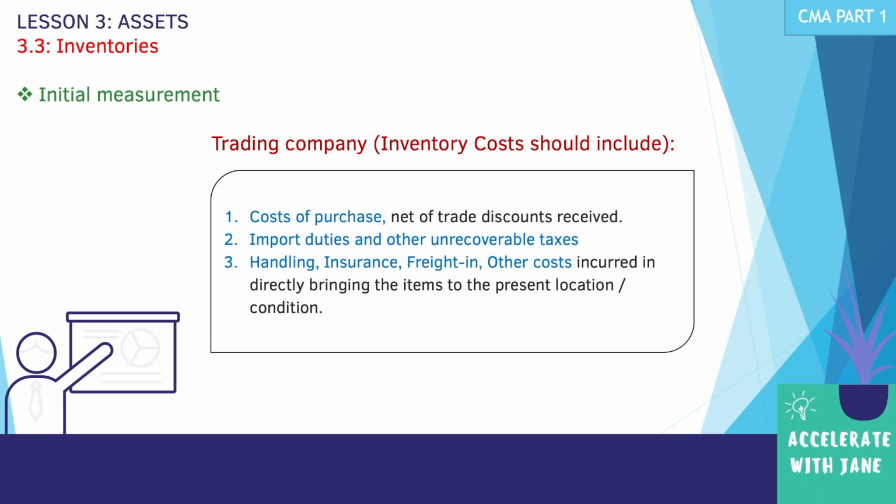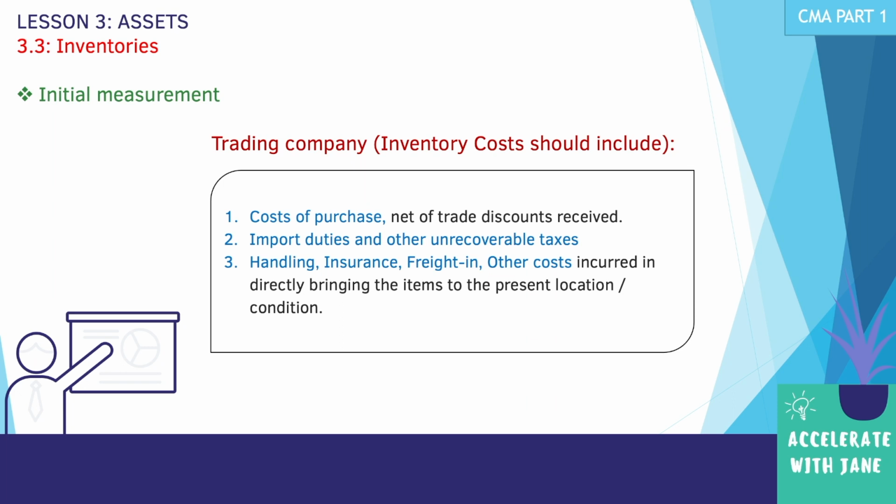For example, if a company purchased an inventory item and there's a 5% or 10% discount from the supplier, we should only include in our inventory cost the amount which is 95% of the gross amount, right? So it should be net of any trade discounts. Now, trade discounts can either be cash discounts, volume discounts, and so on.